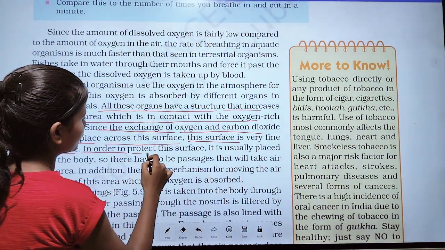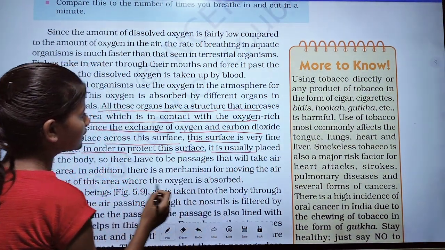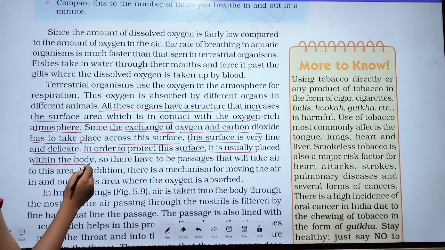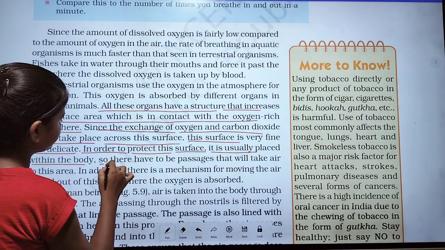In order to protect this surface, it is usually placed within the body.